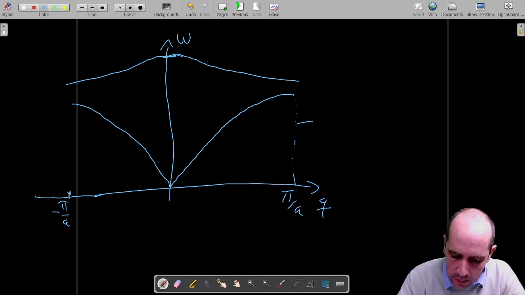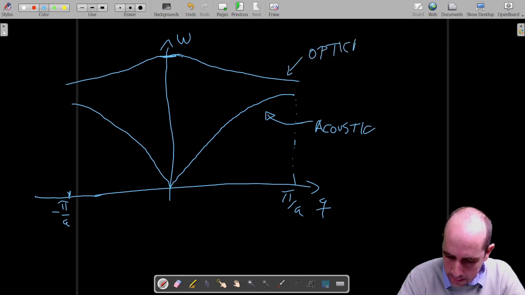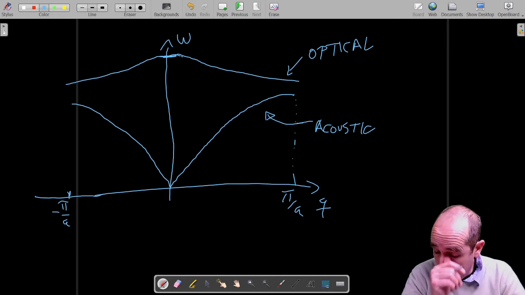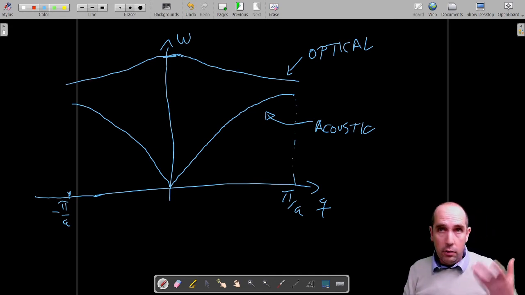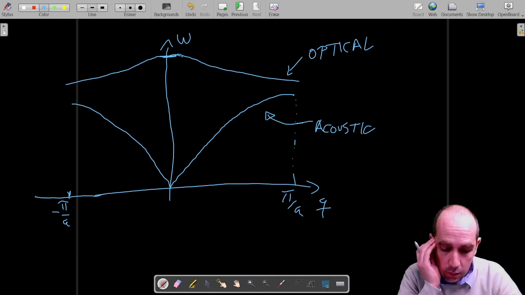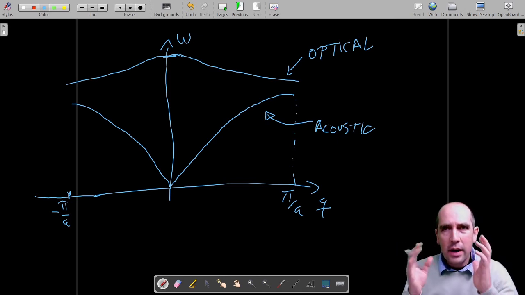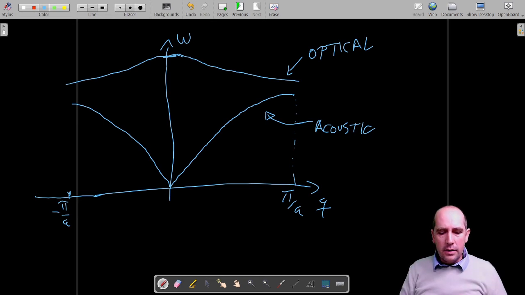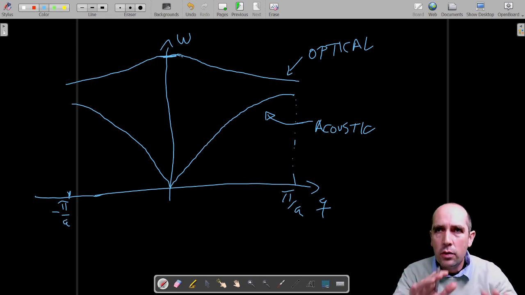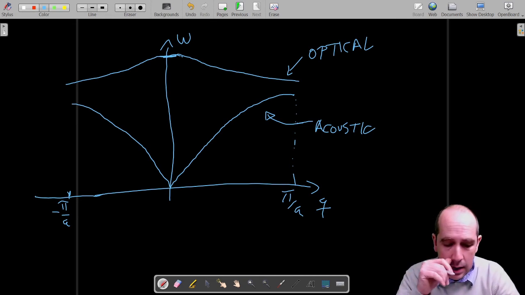So this one is what we call the acoustic, and this is what we call the optical branch, the two bands or the two branches of the phonons. And essentially, let's try now to understand what these two mean, and let's just look at the acoustic one first.